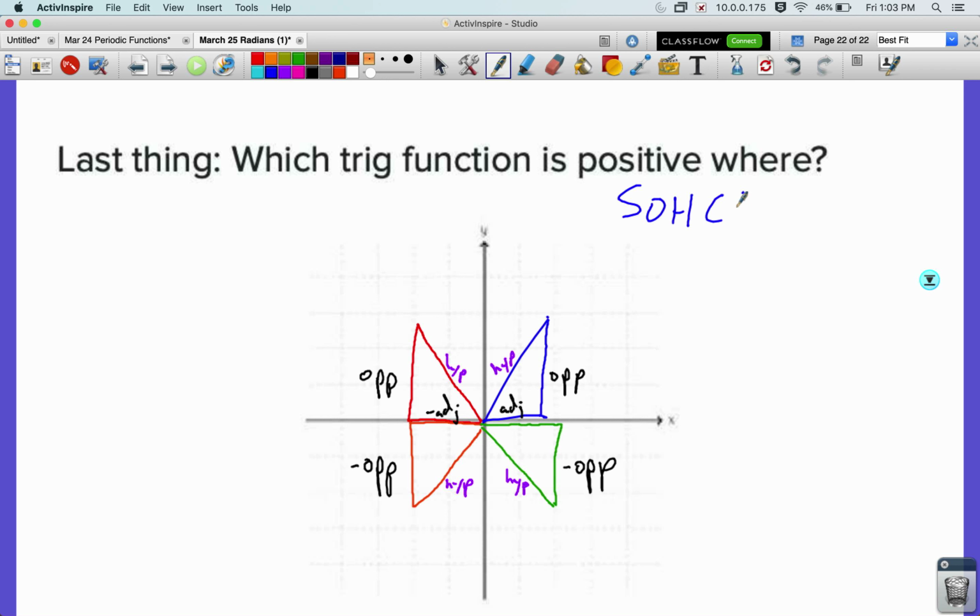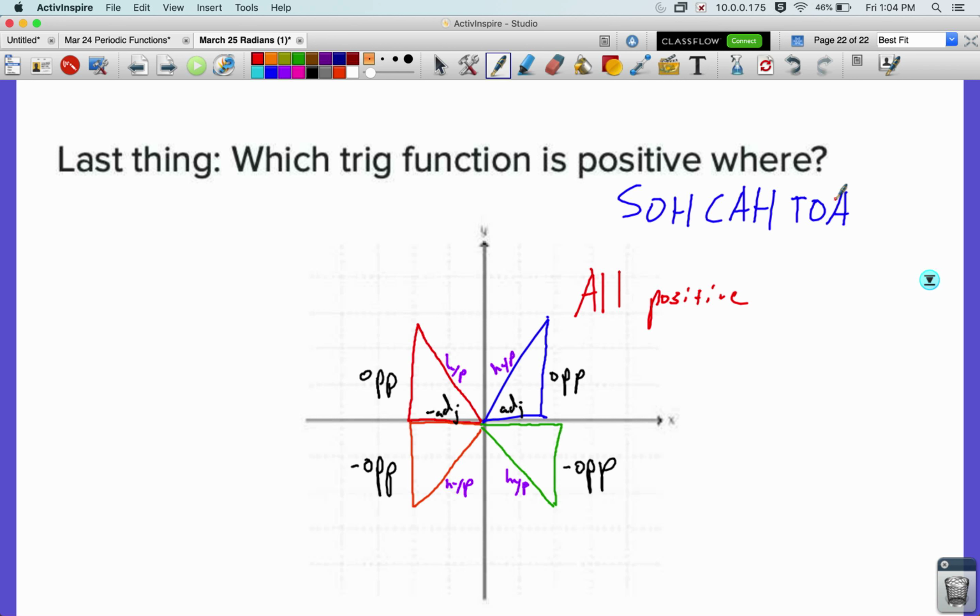All right, so if I write out SOHCAHTOA, I can see that in this quadrant, opposite and adjacent are both positive. Hypotenuse is positive. Everything's positive, so they are all positive. In this quadrant over here, opposite is positive, but adjacent is negative.